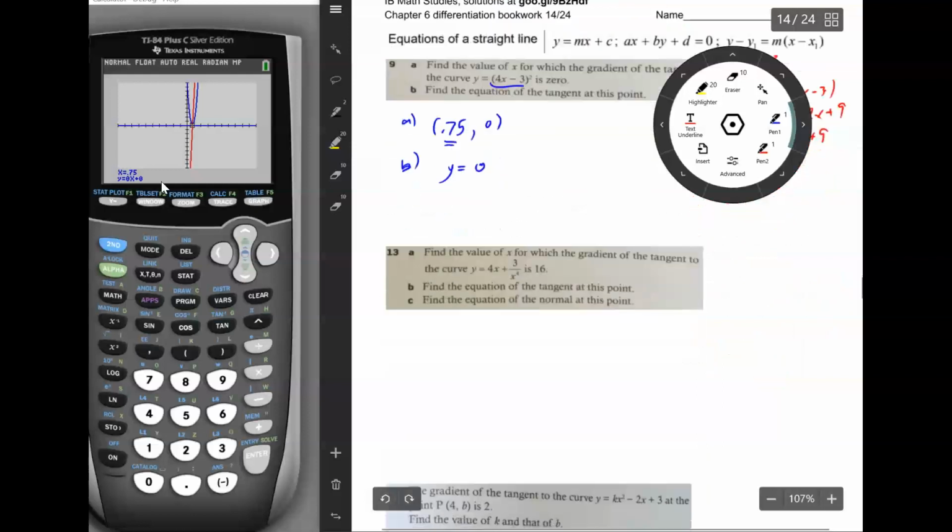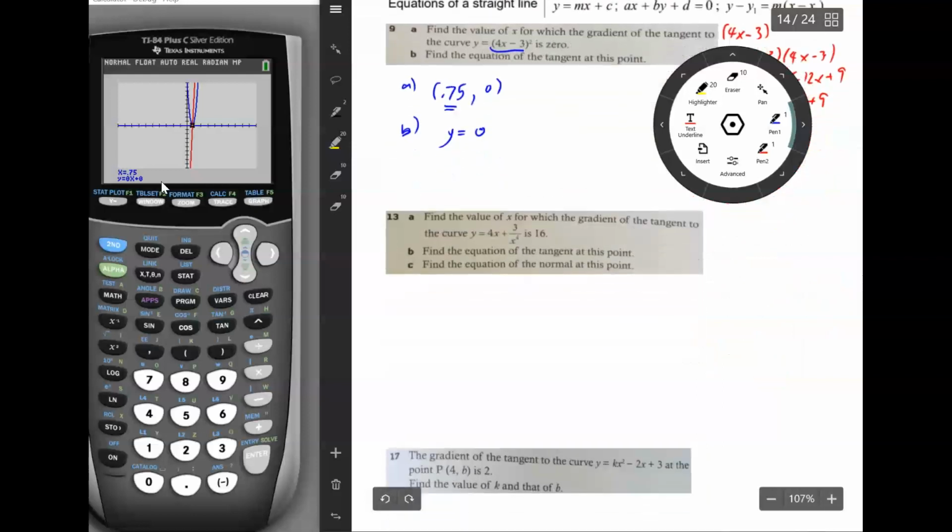Let's go to number 13. Find the value of x for which the gradient of the tangent to the curve, blah, blah, blah, there's the blue function, is 16. Okay, so let's do that. First, we're going to need to find the derivative of the blue function.